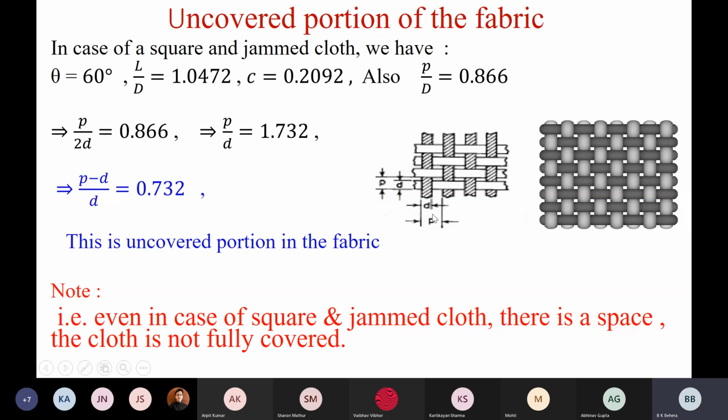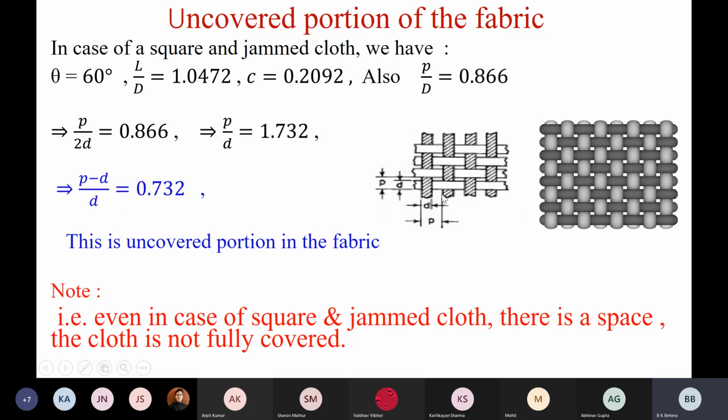Why am I taking P minus D over P? Because complete space per thread is, because we are considering the unit cell. Unit cell means one yarn plus space, then one yarn plus space, one yarn plus space.